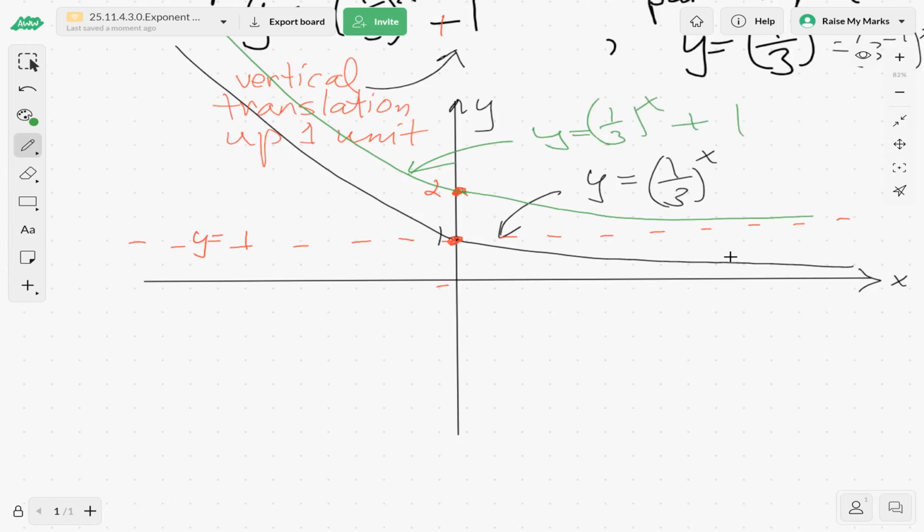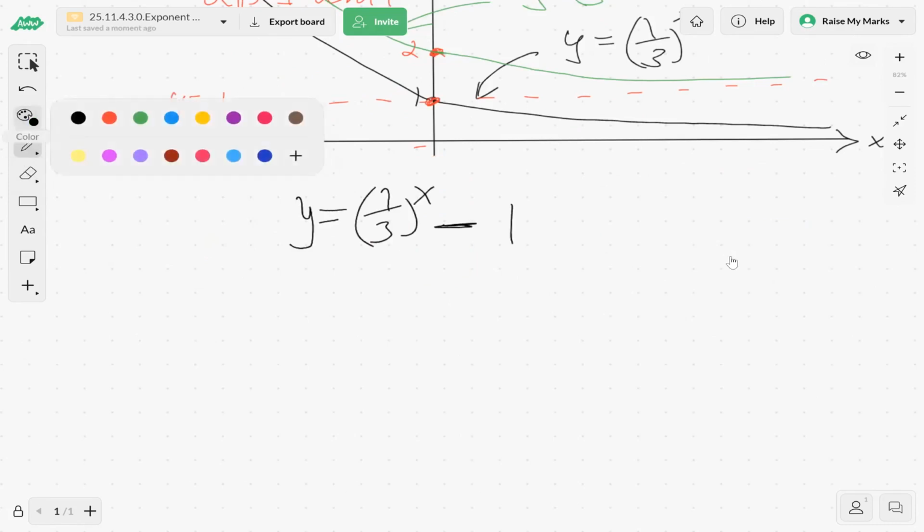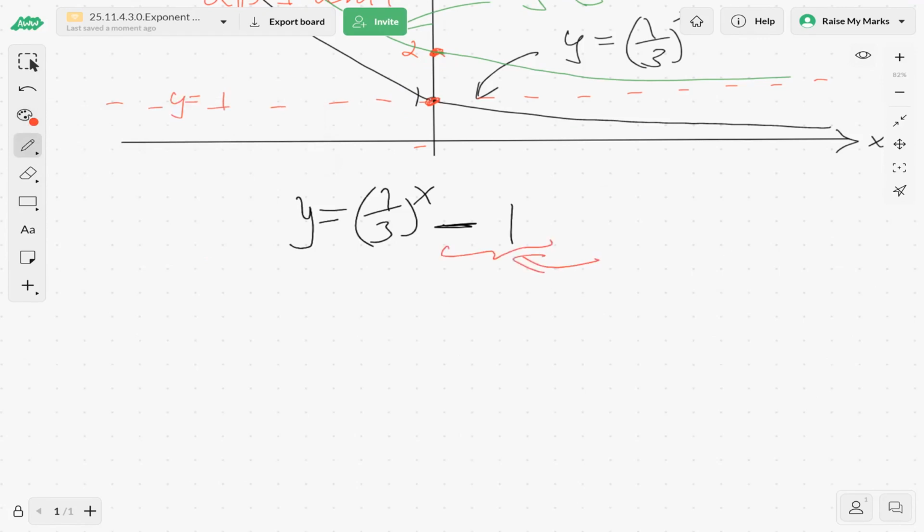Okay. All right. So now let's go down and graph this function, y equals 1 over 3 raised to the power x minus 1. In this situation, our translation is, again, a vertical translation, down 1 unit.